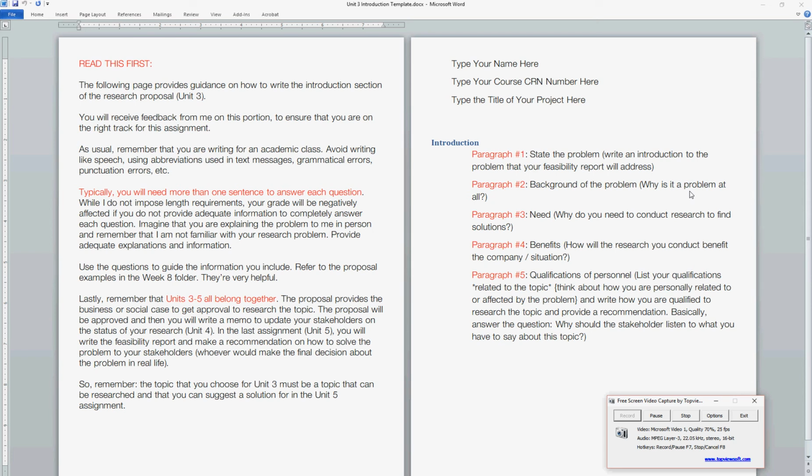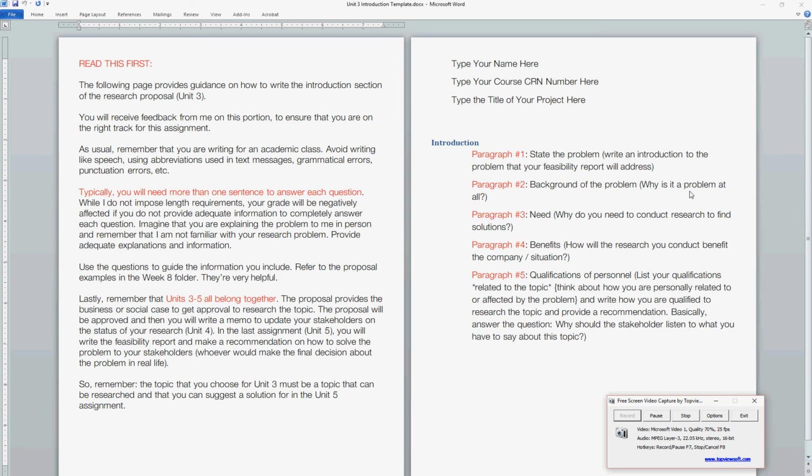But if you're writing about just basically needing to improve communication within your team, here is where you can relate your qualifications, like you are a student in college, you have communications skills, or you have experienced the problem personally, but also connected to why you're a good person to research the topic.